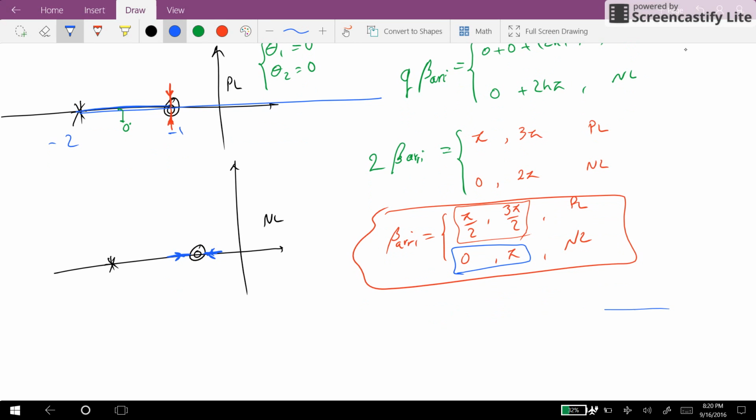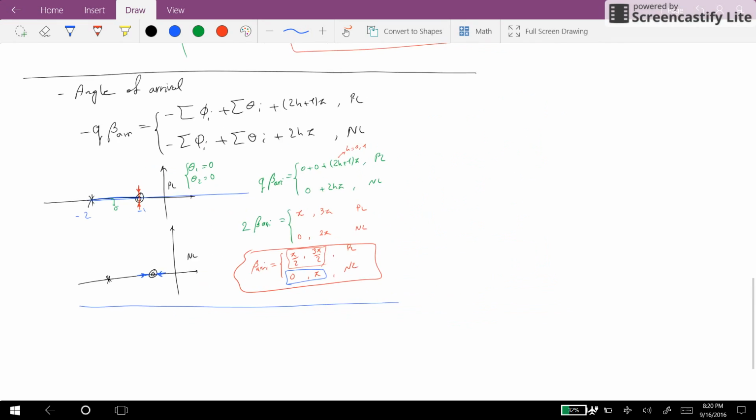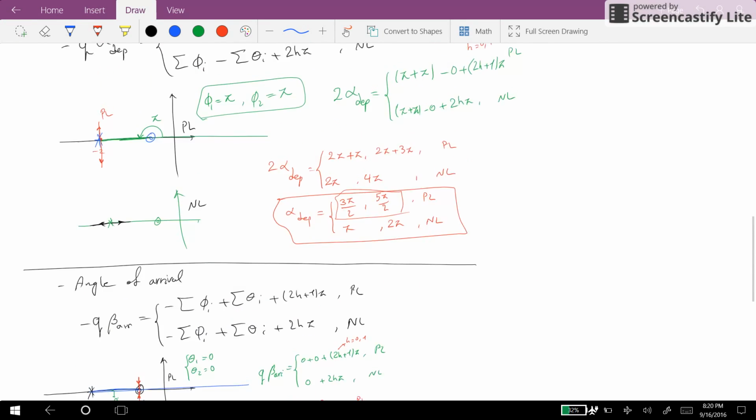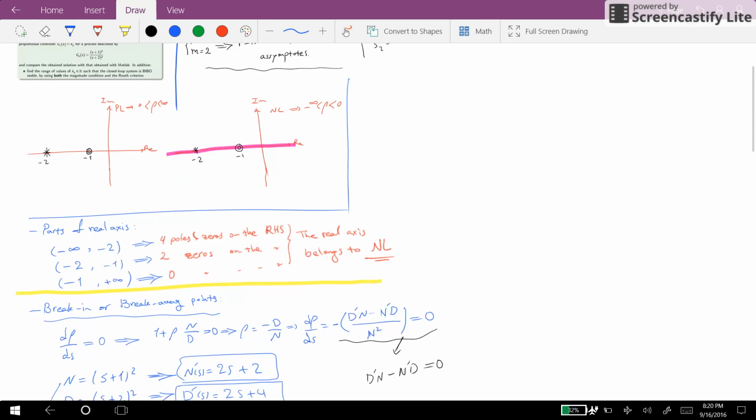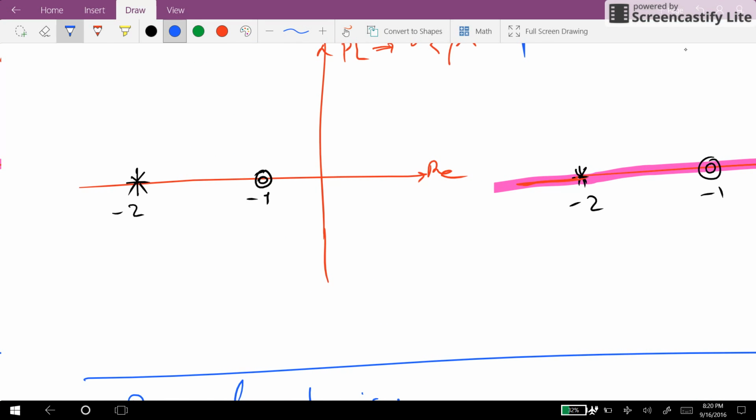So having all this in hand, now we can go back to the original graphs and plot the root locus. So starting from the positive locus, we know that we will have two branches departing from the poles here with the angle of pi over 2 and 3 pi over 2, and they will arrive at the zeros with the angle of pi over 2 and 3 pi over 2, and they will never cross the real axis.